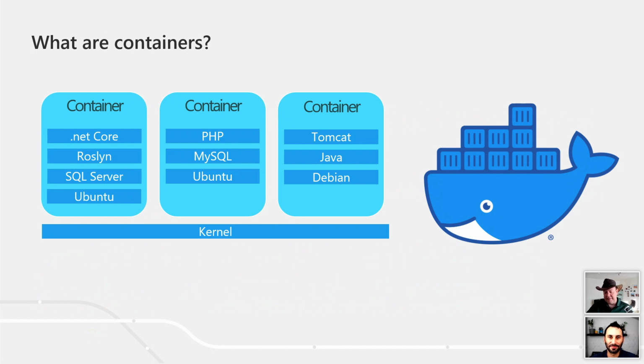Now, one thing which is worrying me a little bit in this picture is that you're going to have multiple containers in the same physical machine, right? So isn't there a risk? How is one container not going to be able to access the data of another one, for example? No, that's one of the great things with containers, every container is completely isolated from the other.